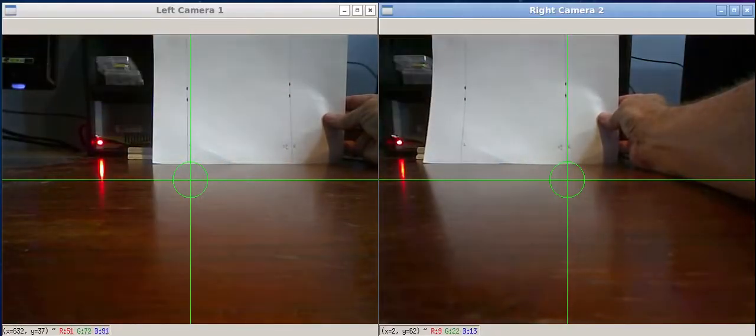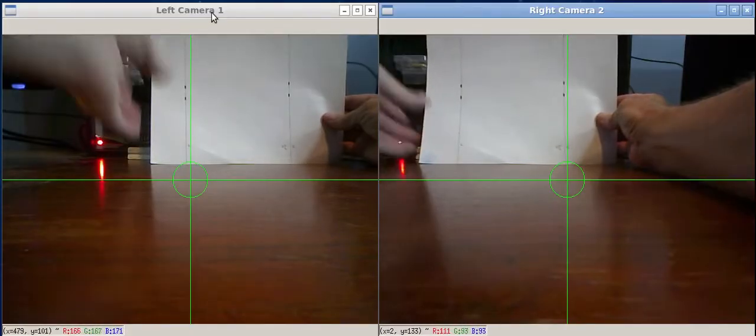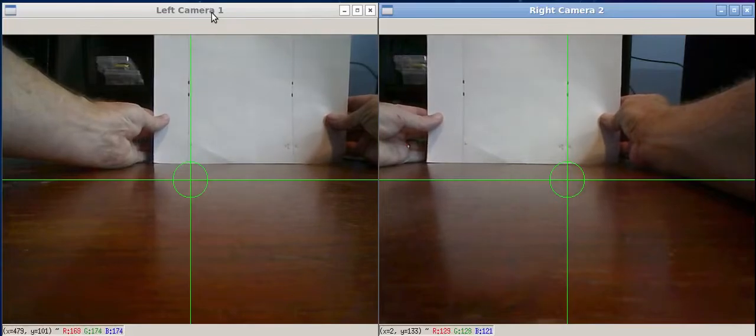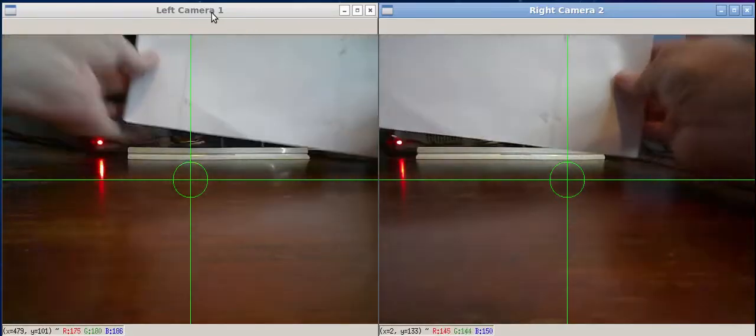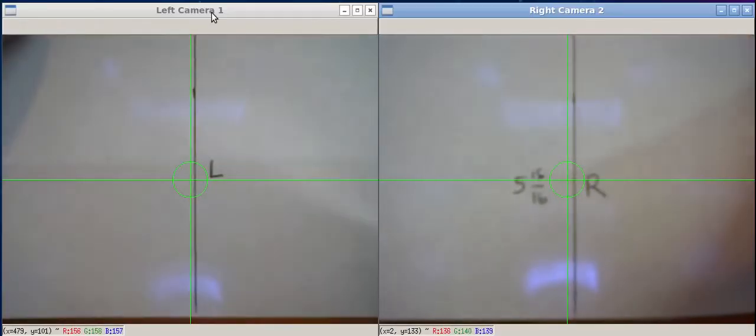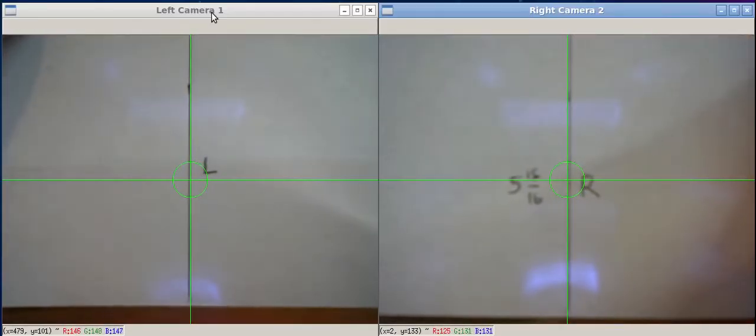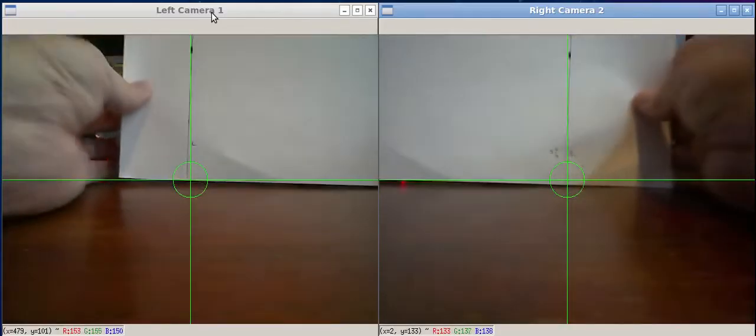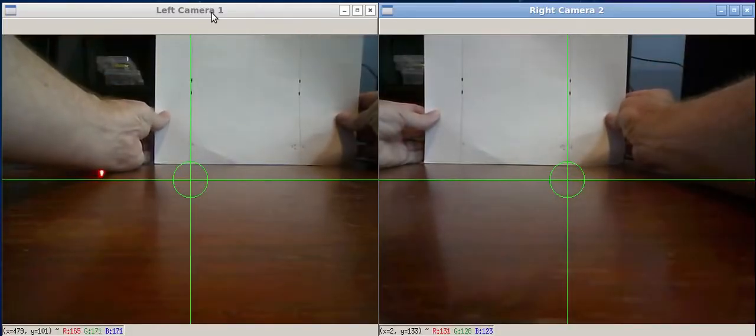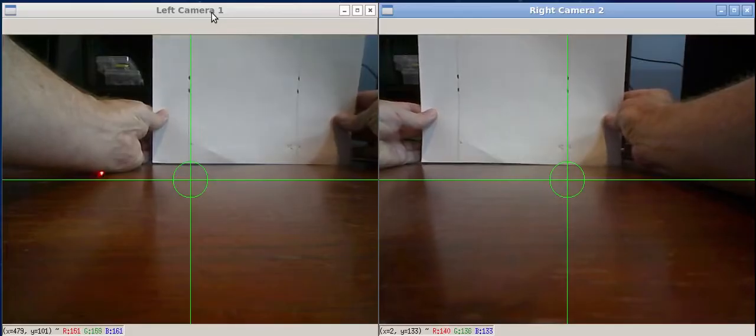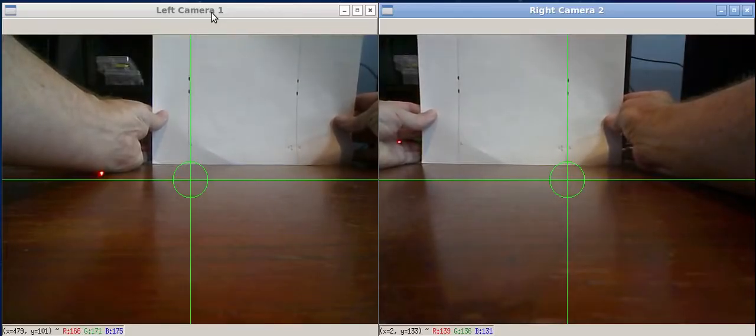Of course, this is not going to line up and that's not going to line up, okay? But that's the idea, that you want to get it lined up so that your lines are lined up at a distance and also they line up close. Now it looks like this is a tiny bit out of alignment, but it's good enough to make this video.